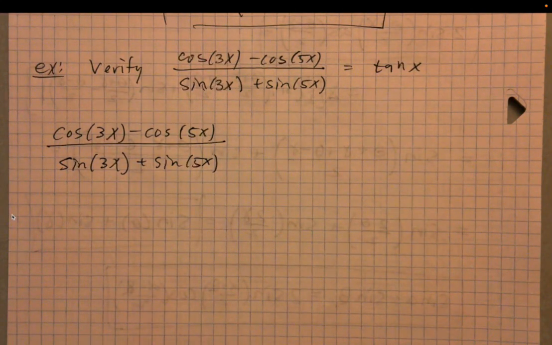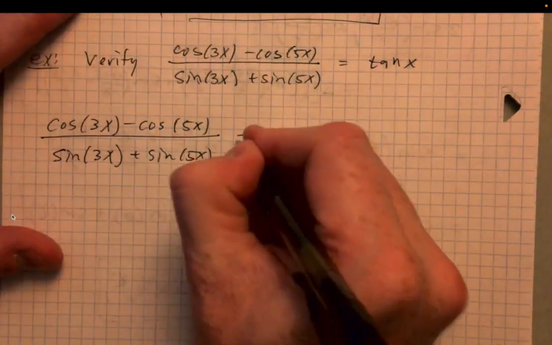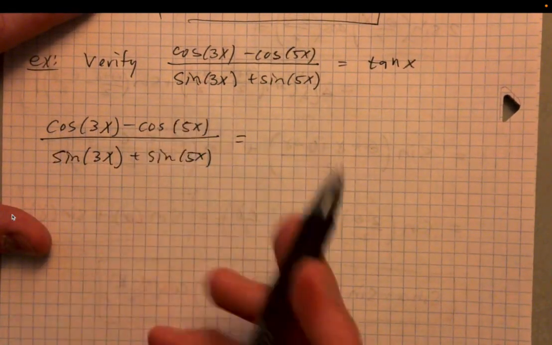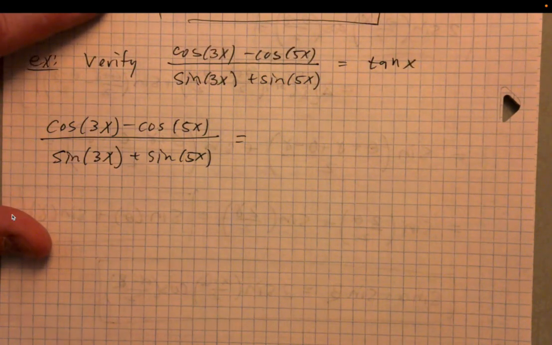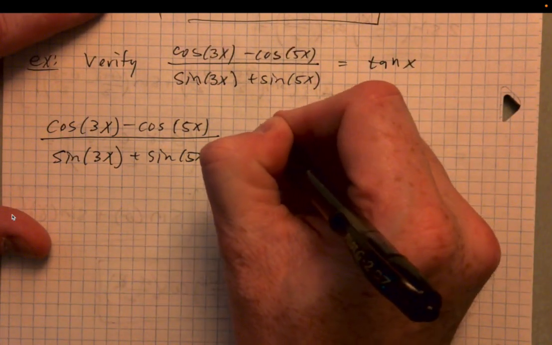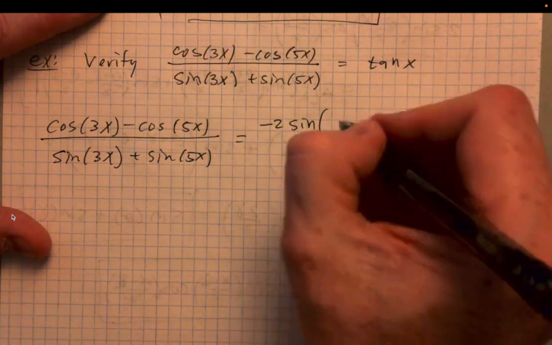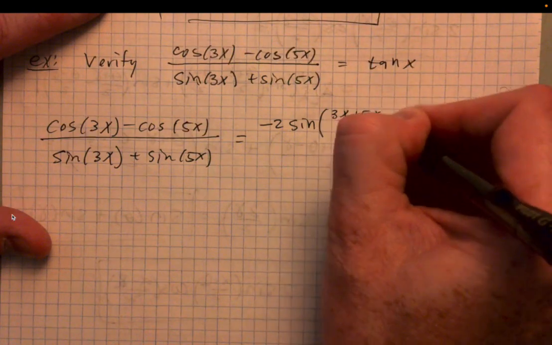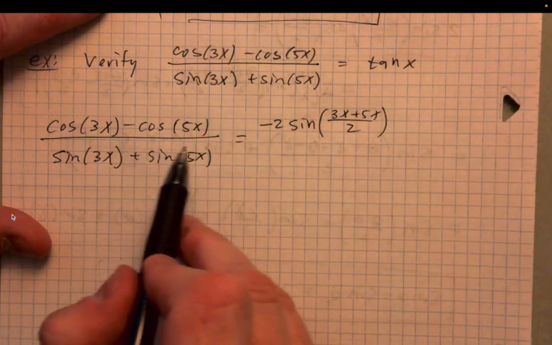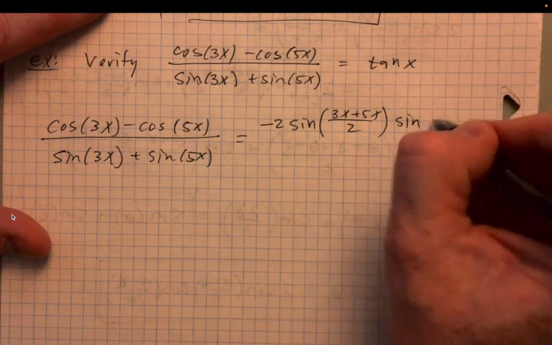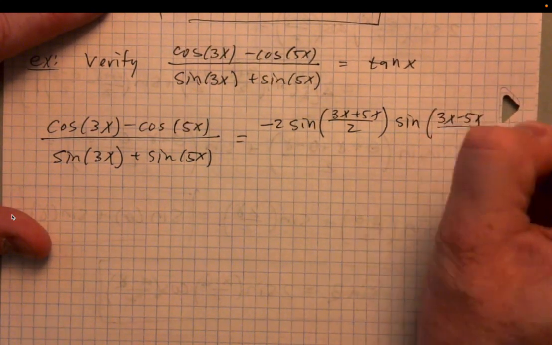Well, we're going to basically use the sum to product on this. I've got a sum, and I'm going to convert it to a product. Right? And so I'm going to do that on the top and the bottom separately. So the top is cos minus cos, and so just look up that formula, and you should get -2, and then it's sine of alpha plus beta over 2, so that's 3x plus 5x over 2, and then it's times the sine of alpha minus beta, which is 3x minus 5x over 2.